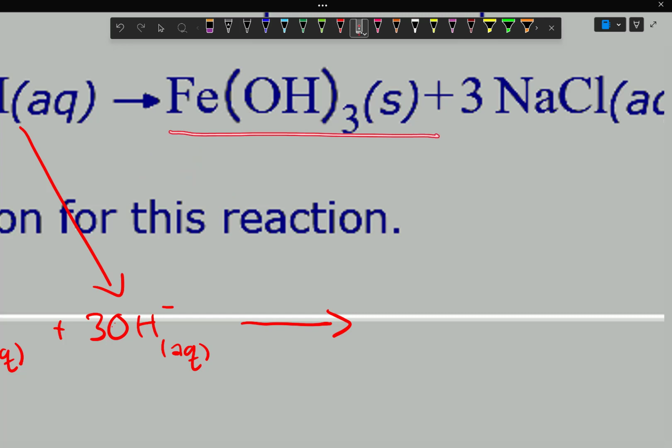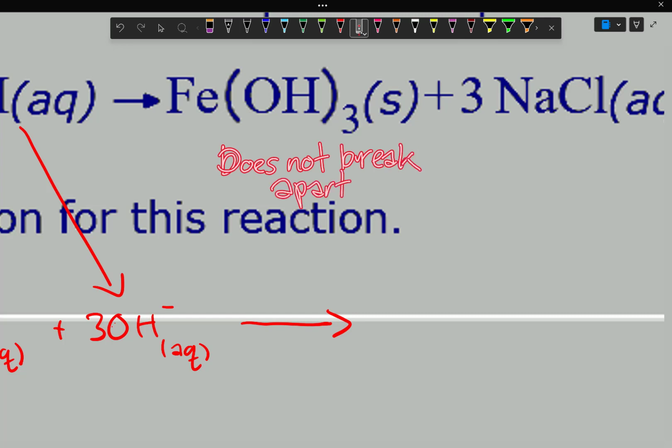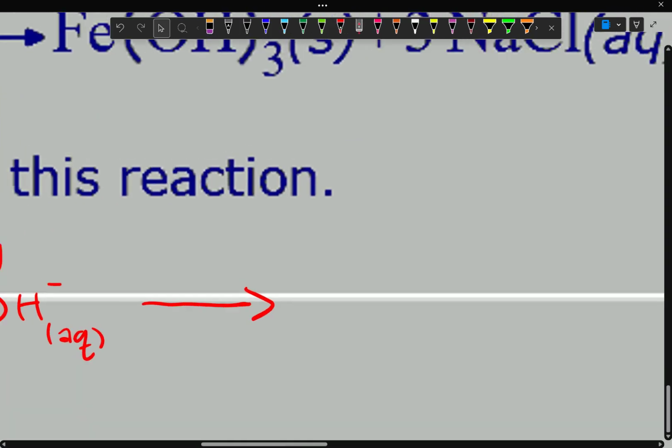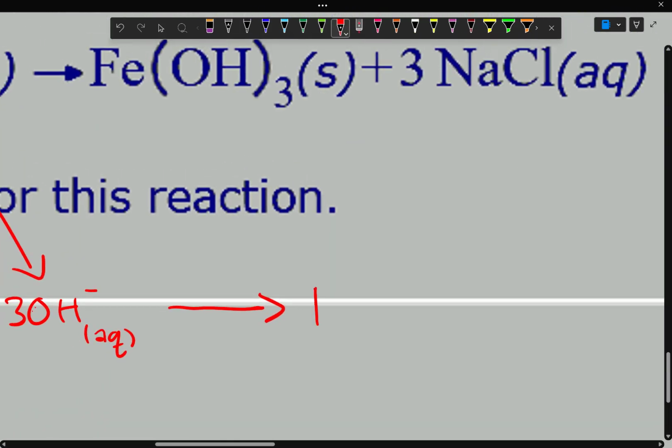This is a solid, and it remains a solid in water, so this does not break apart. All right? So the solid in our equation, we write that just as is when we're writing a net ionic equation.